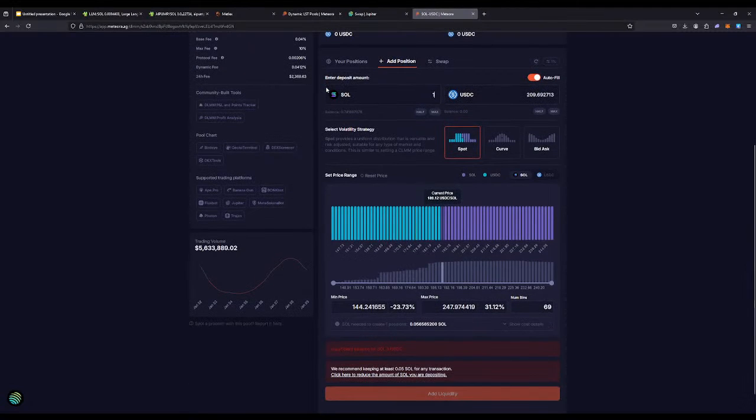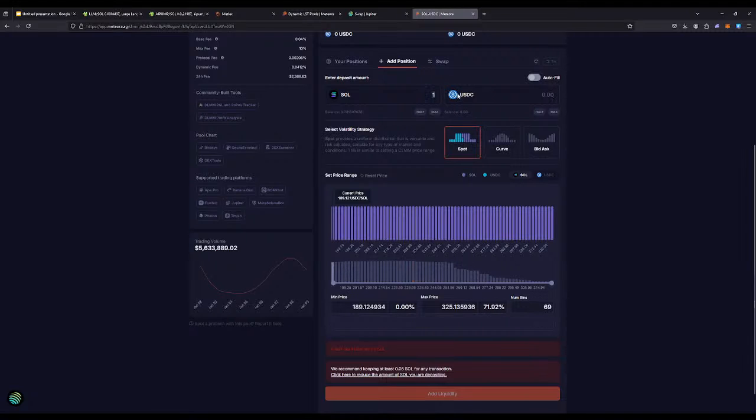So you also have the option to customize. For example, if I toggle off this autofill and I say 0, then it goes from 0 to 71%.